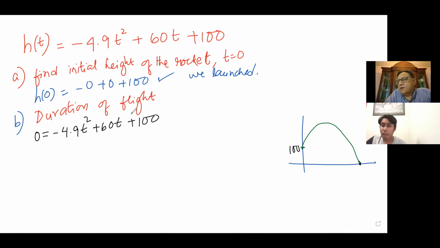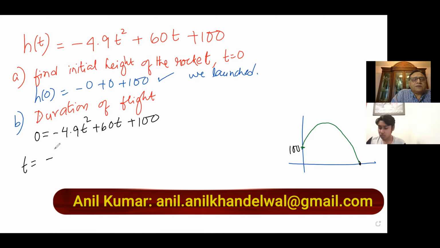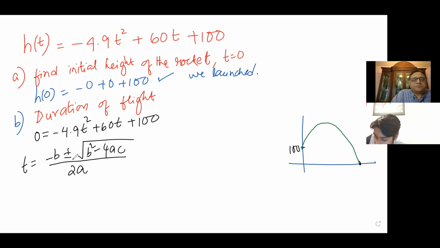Now to find this, we can use the quadratic formula: t equals minus b plus or minus square root of b square minus 4ac, over 2a. Do you know this formula? So substitute the values.